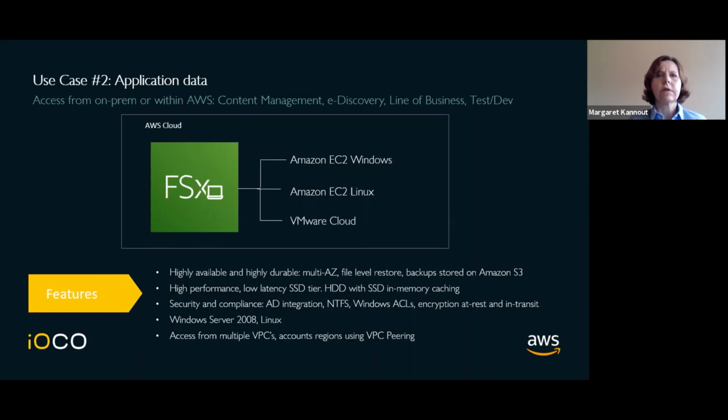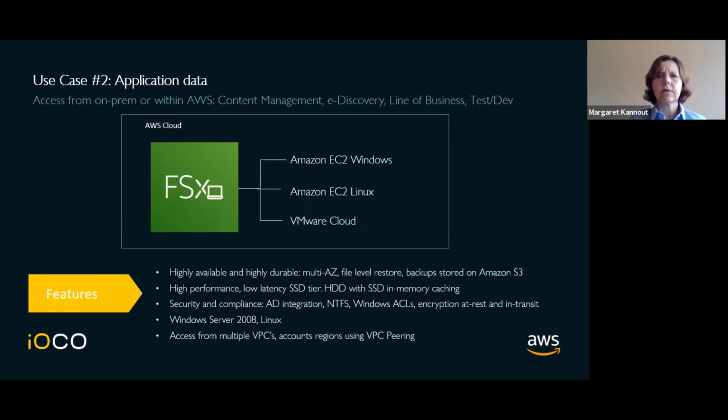And by providing fully managed Windows file storage with features like Microsoft Active Directory integration and automatic backups, you can easily migrate file-based applications to AWS. For instance, content management and web serving applications like Microsoft Internet Information Services or WordPress store and serve files for websites and internal portals.